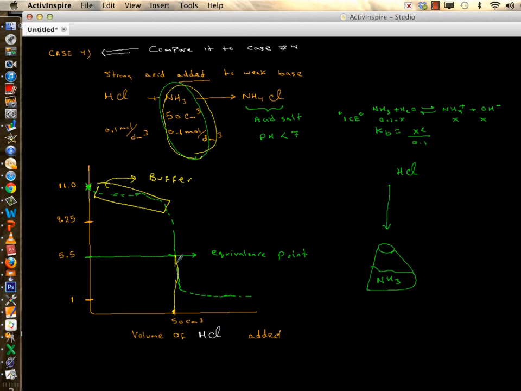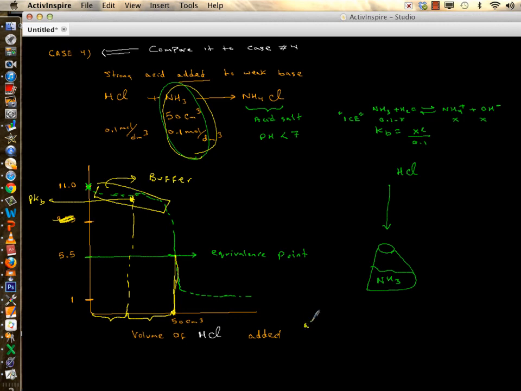So let me just do it a little bit nicer. And then you're going to divide that volume by 2. And then you go to your curvature, and you will read your pKb for the base. I wanted it to fall on 9.25, but I didn't draw my graph properly. So this is where your pKb comes to life.